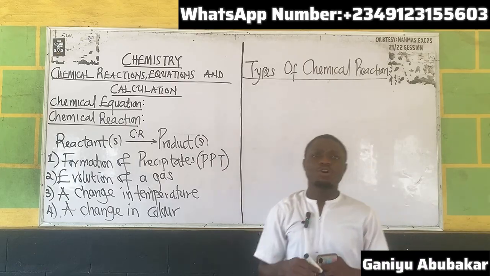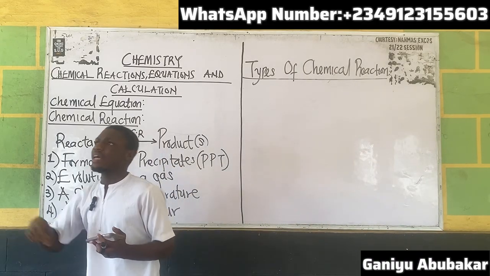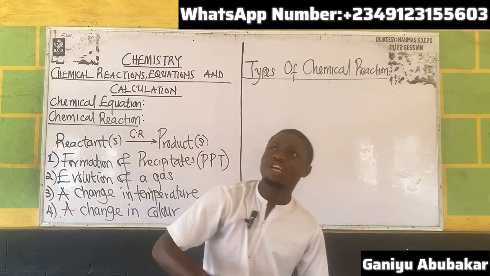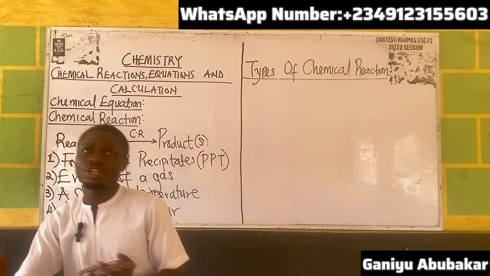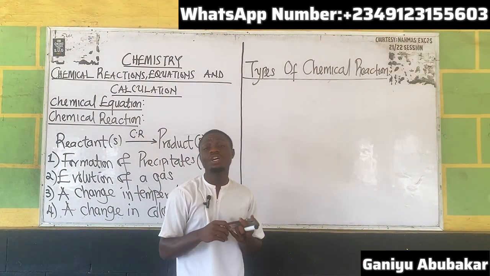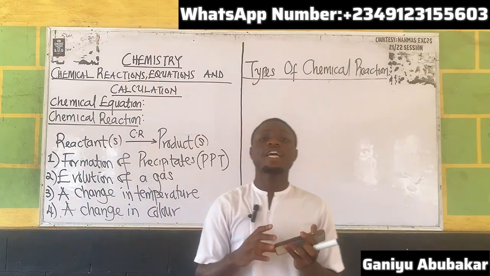There are several types of chemical reaction. We'll look at them one after the other. Aside from that, I will show you how to identify each reaction. If you say reaction, how do you spot out this one here is this reaction, this one here is this, and this is this? I will show you how to spot out each reaction as we proceed in the study of types of reaction.